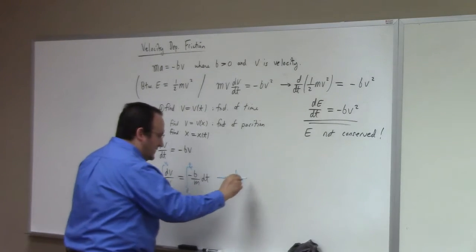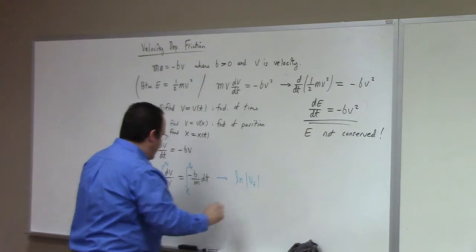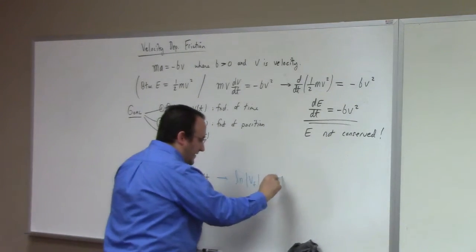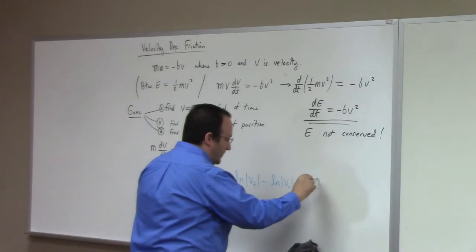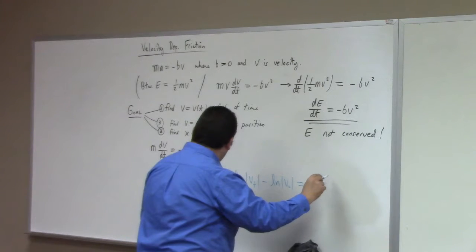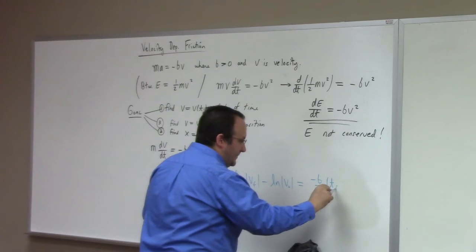So this is natural log the absolute value of the final velocity minus the natural log the absolute value of the initial velocity equals minus b over m times tf minus t naught, yeah?